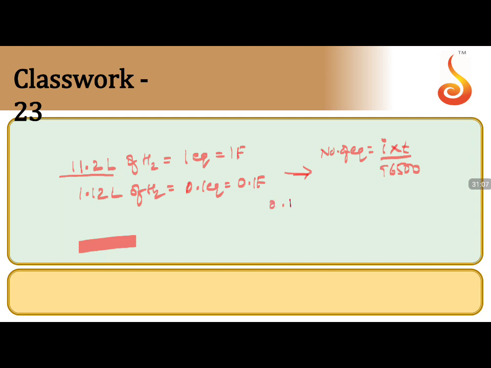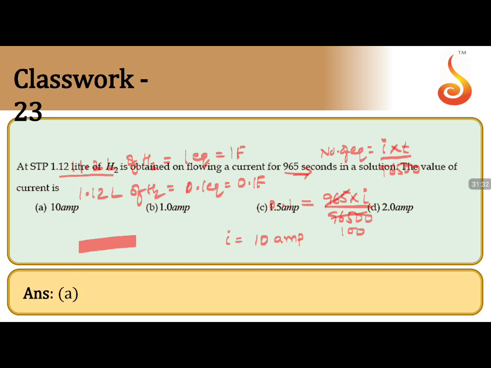So 0.1 equals 965 times I, we wanted the amperes, divided by 96500. So this is 100 times. I will be equal to 10 amperes. So the answer is 10 amperes. 10 amperes is the correct answer.